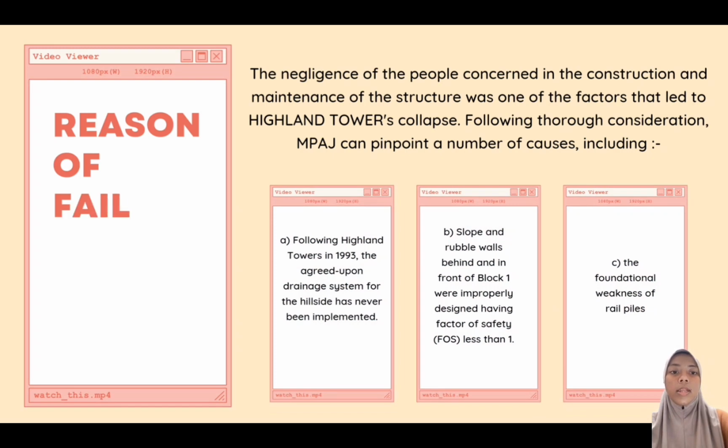The negligence of the people concerned in the construction and maintenance of the structure was one of the factors that led to Highland Tower's collapse.